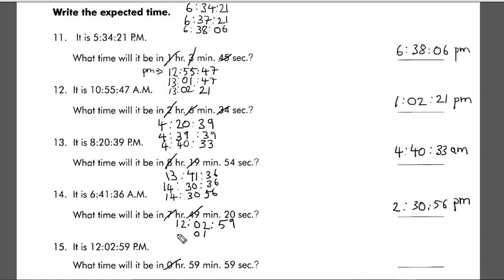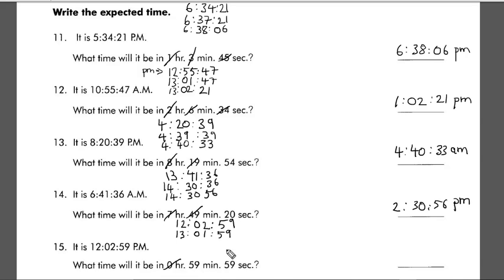Now this is PM, all right, so I'll write that as 13. Okay, this is already past the 12 and it's PM, so therefore I can write that as 13. So I've now got 13:01:59. Okay, then I've got 59 add 59. Now another way to think about that is 60 add 60 take away 2. All right, because this is 60 minus 1 and this is 60 minus 1. So 60 add 60 take away 2, and that's going to give you 118.